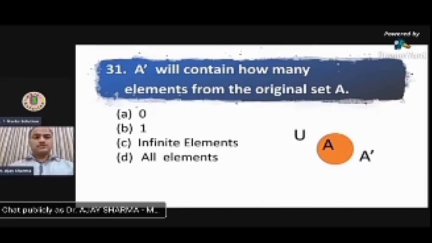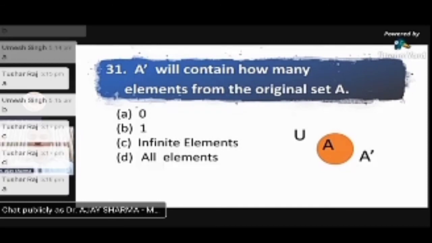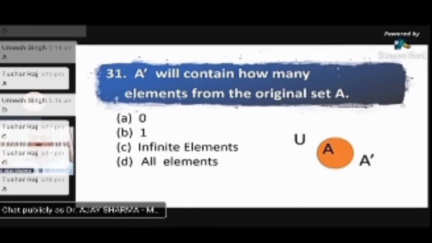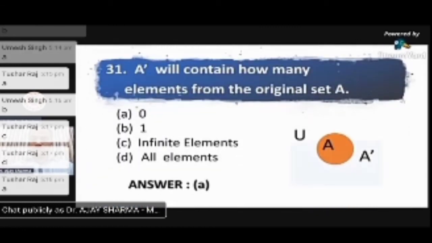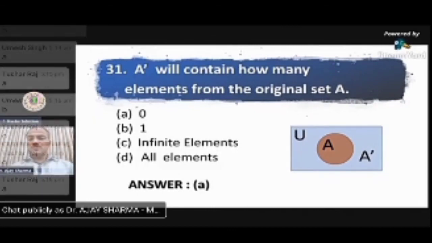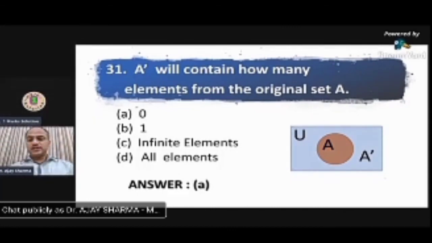Now let us see the 31st question. Here, A complement will contain how many elements from the original set A? We know that this is the universal set, the outer rectangle, set A is the circle, and A complement is the blue shaded portion here.